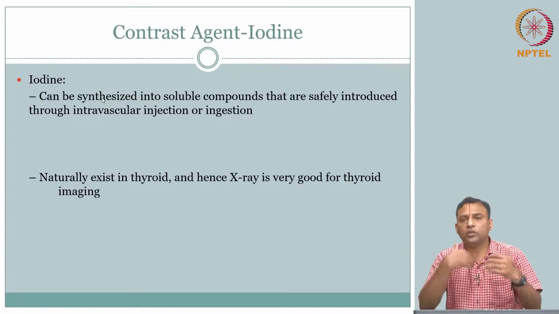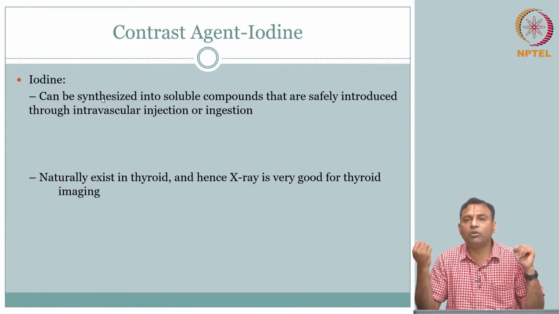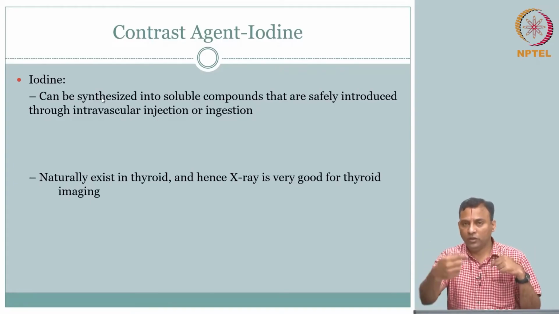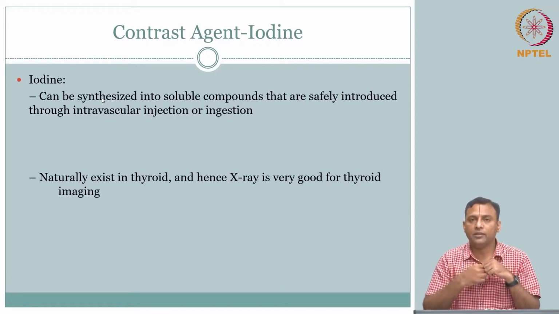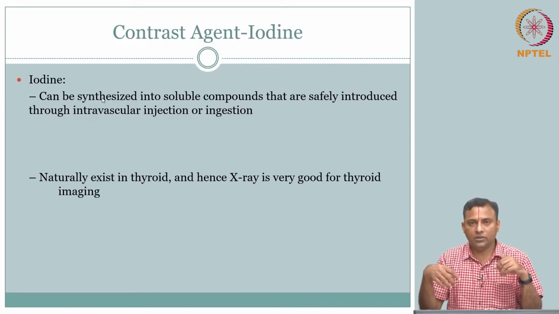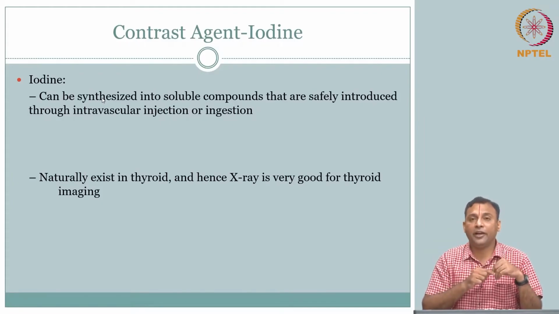It is going to go through the circulatory system. Wherever this iodine goes, when the X-ray crosses the path, it is going to attenuate. So when it goes through the circulatory system, you can send the X-rays through and say, okay, this is where the iodine is going.